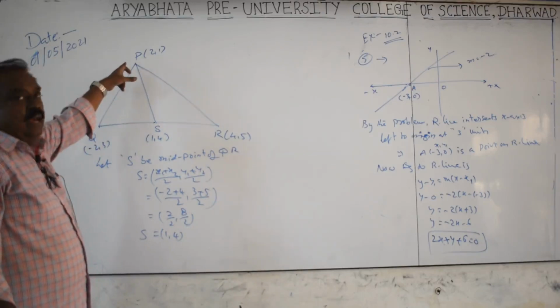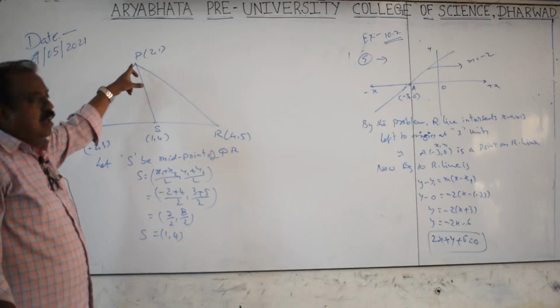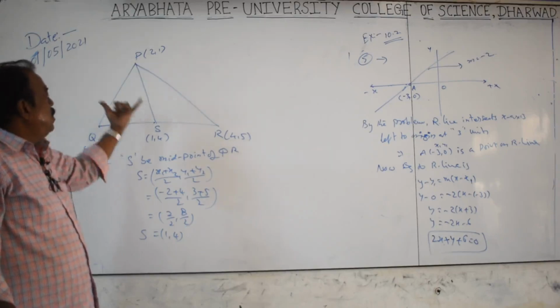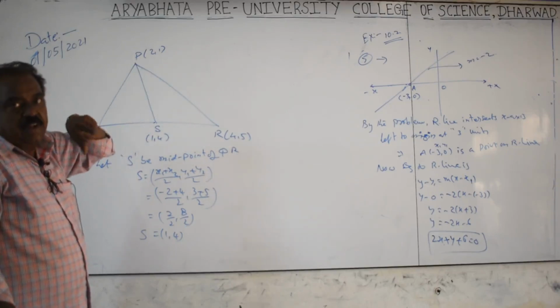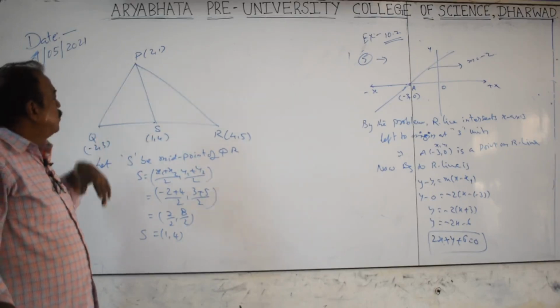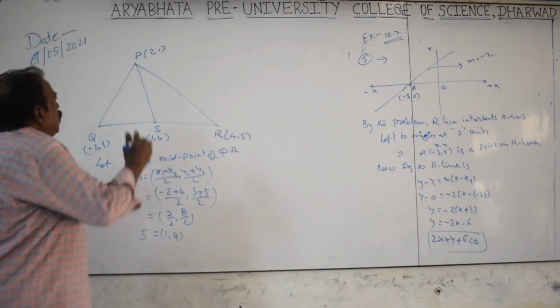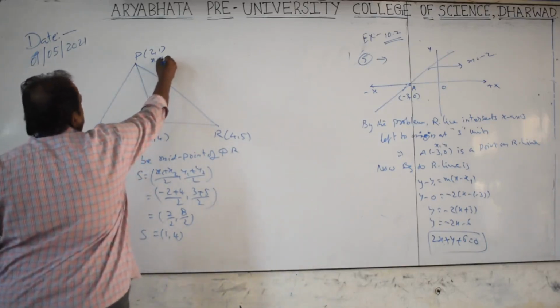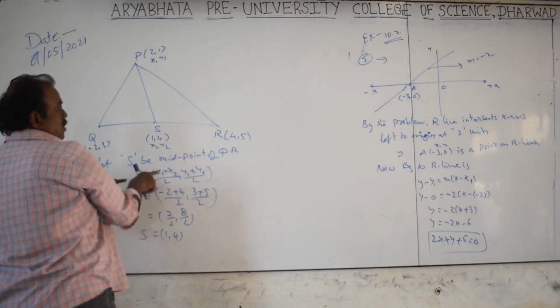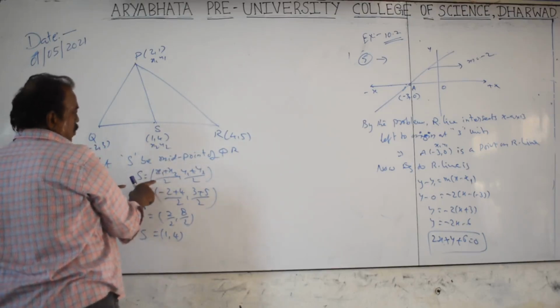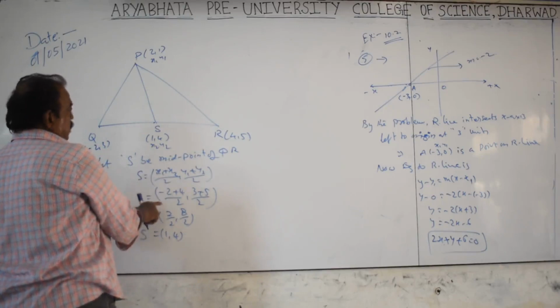Median is the line joining the vertex and the midpoint of the opposite side, P and S. And also we are asked to find the median through the point P. So here it is x1, y1, now it is x2, y2. Here this is a different one, don't confuse. It is up to only the midpoint.